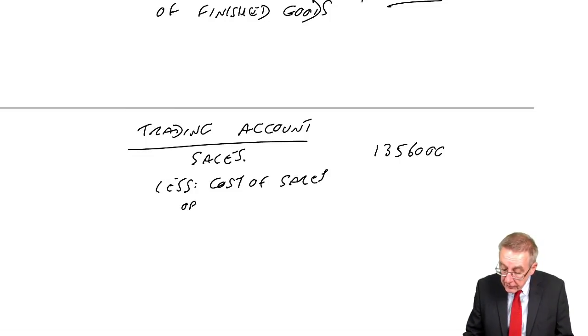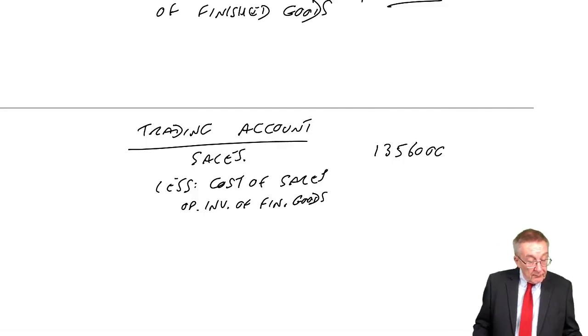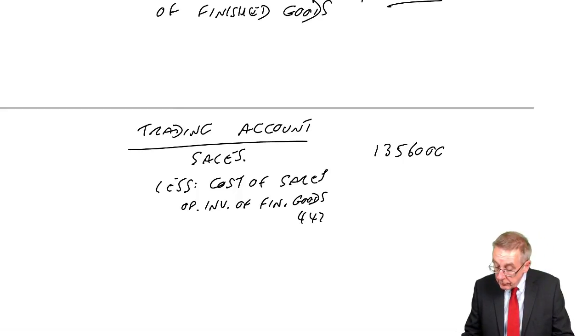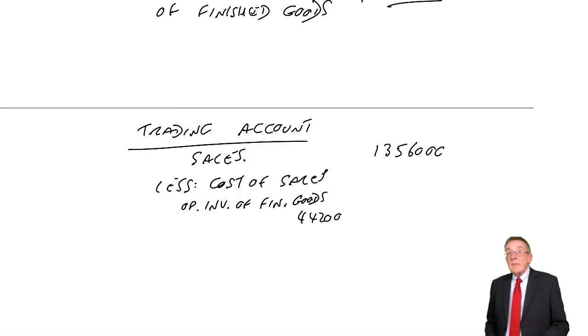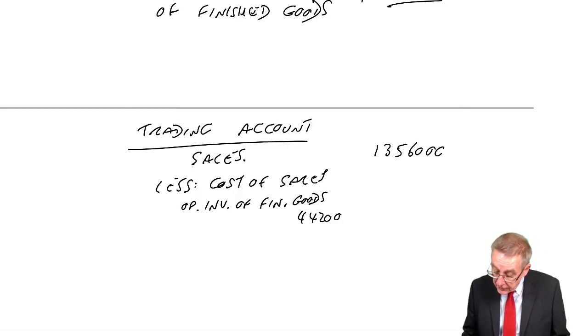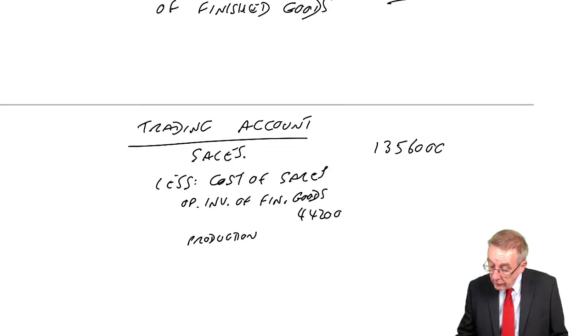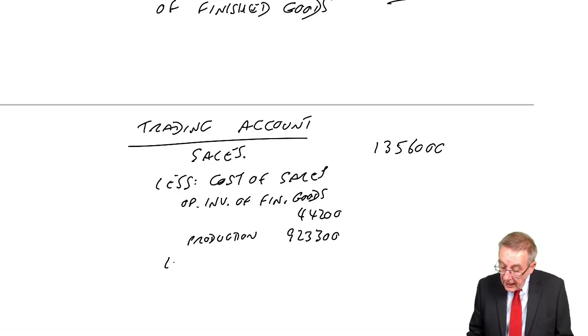So it's the opening inventory of finished goods, which was, back to the list of balances, 44,200, plus the cost of production of finished goods, which we just calculated in our manufacturing account, 923,300, less, as always, the closing inventory of the finished goods.